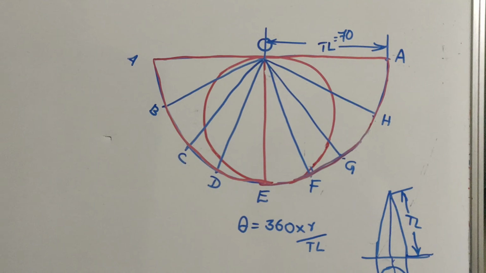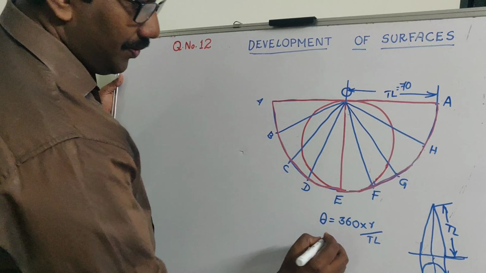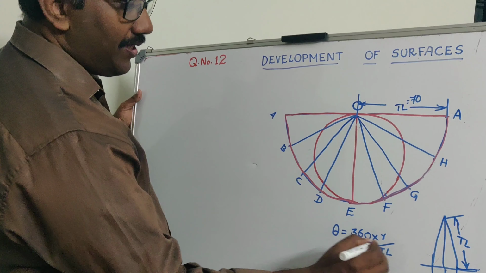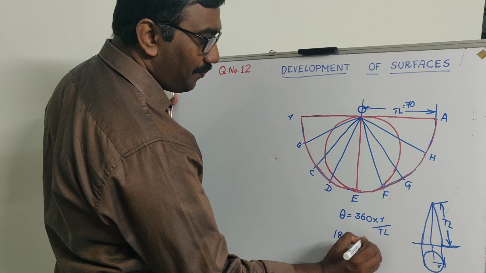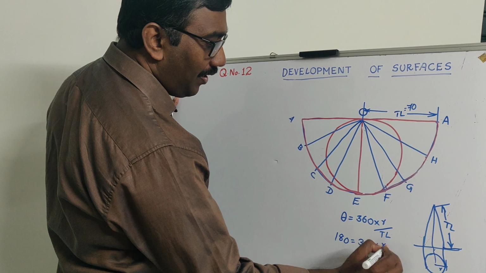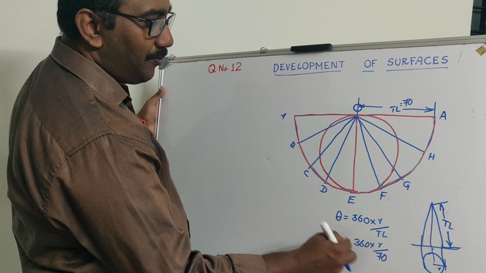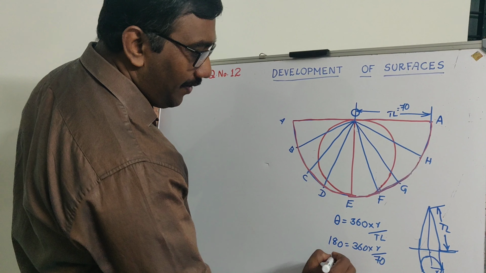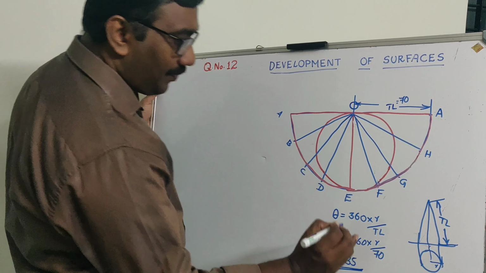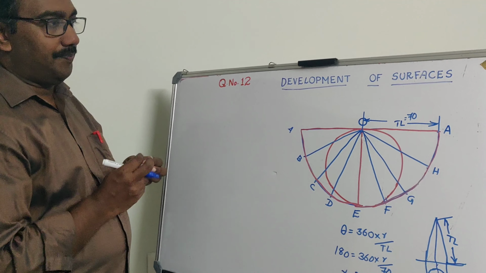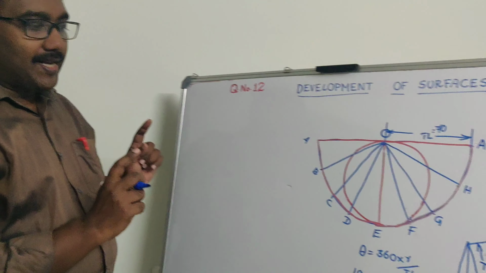So it is very simple to find out, because theta is 180. 180 is equal to 360 into r by 70. That is, r by 70 should be 1 by 2, then only you will get 180. So r will be exactly 35 mm. So you should have a cone of base radius 35 mm.